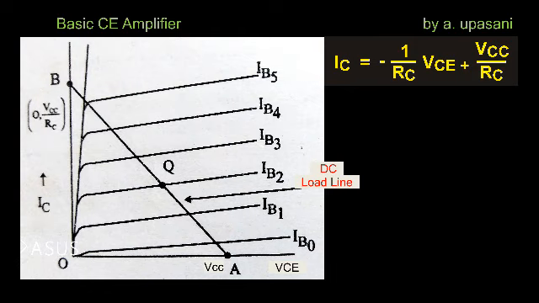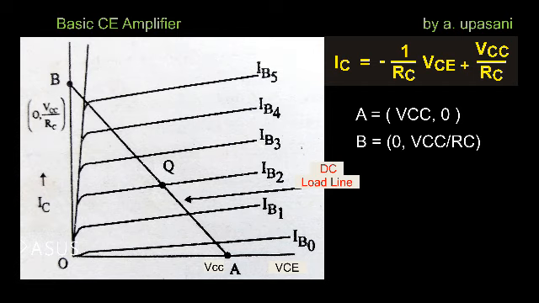At VCE = VCC and IC = 0, let us call this point A. And at VCE = 0 and IC = VCC/RC, let us call this point B. These are the points of maximum collector to emitter voltage, A, and maximum collector current, B. The line joining these two points A and B is nothing but the DC load line.